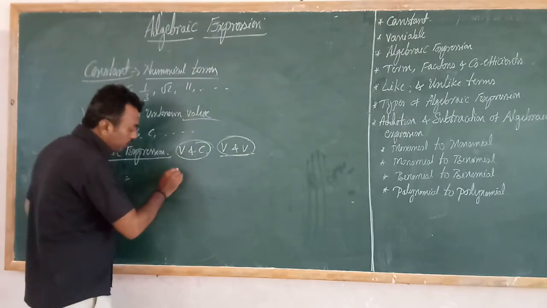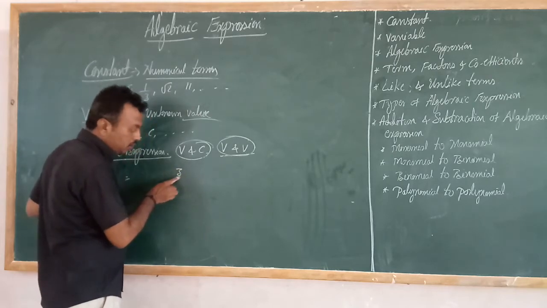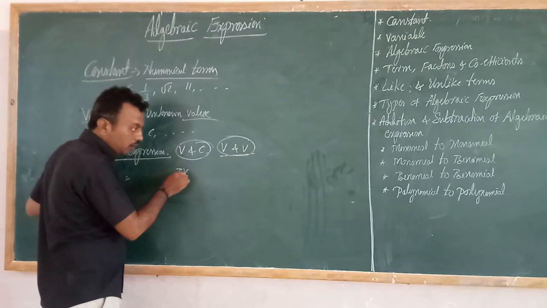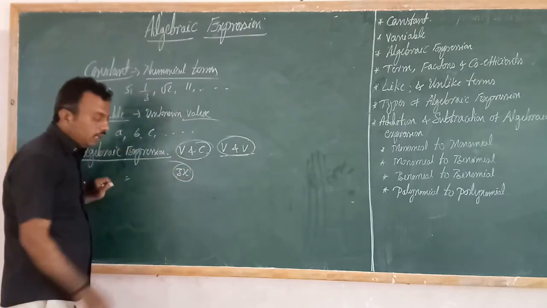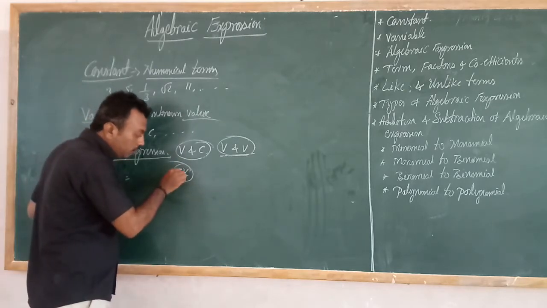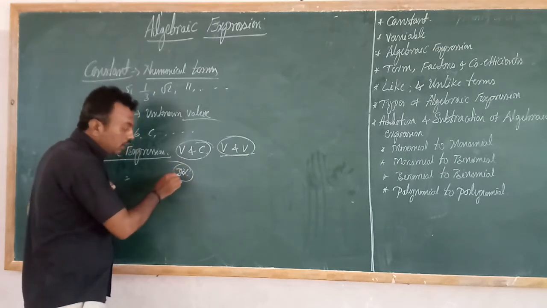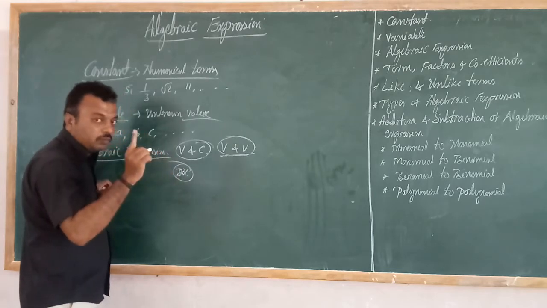For example, 3 is a numerical term and x is a variable term. This is a combination of them, so this is an algebraic expression. There is no sign between 3 and x, so it has a multiplication sign. That's why 3x is an algebraic expression.